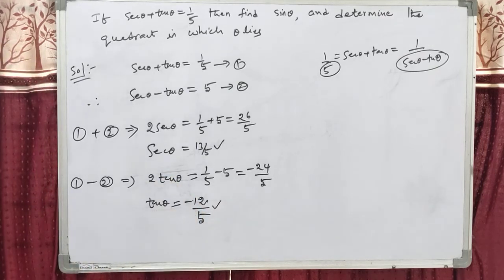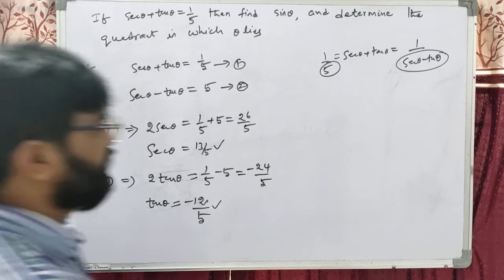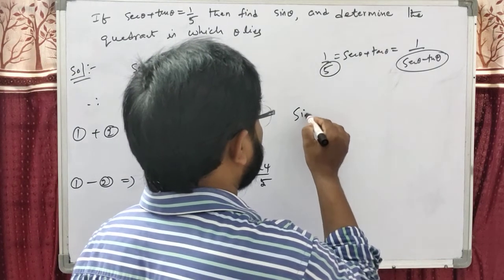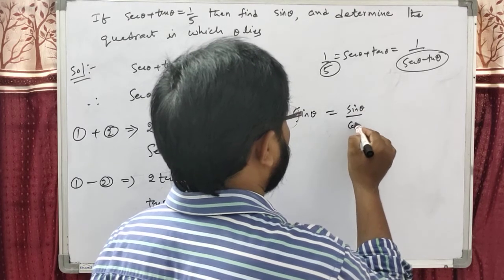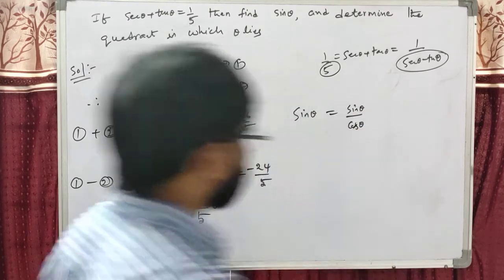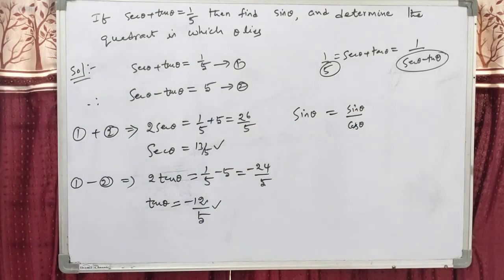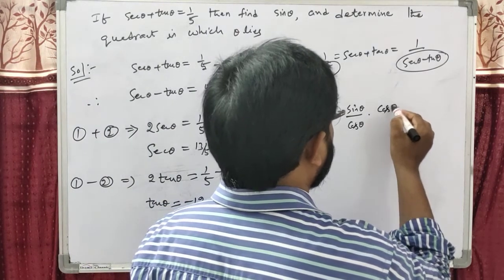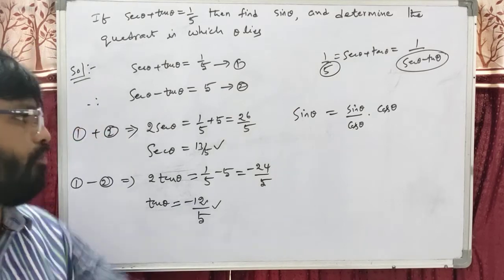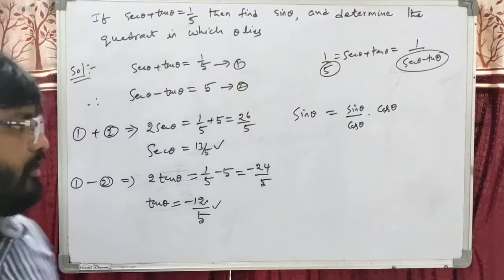Dear students, now we can write sin theta. How to write sin theta? This is sin theta by cos theta into cos theta. In this step we divide by cos and multiply by cos.